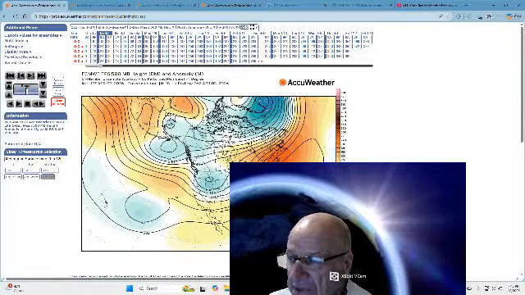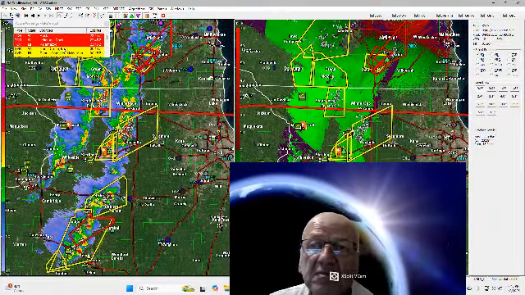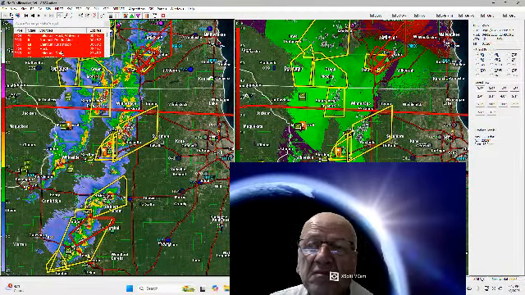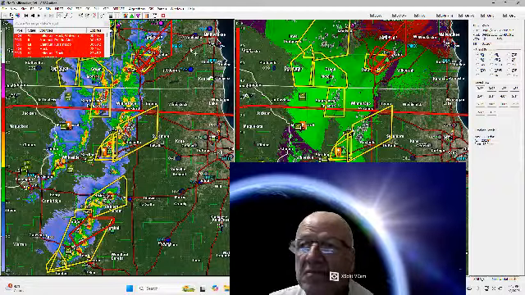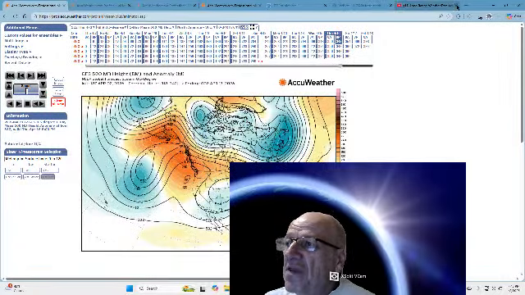Okay, let's see if we have anything else. Okay, we'll take a look at the latest satellite picture.